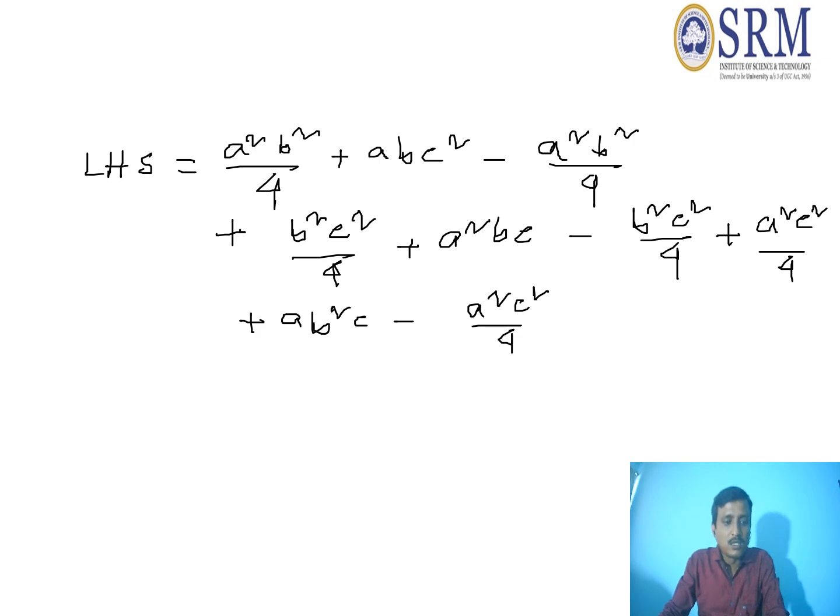Something will cancel and when you adjust it, it will simplify. So it will come abc times a plus b plus c.